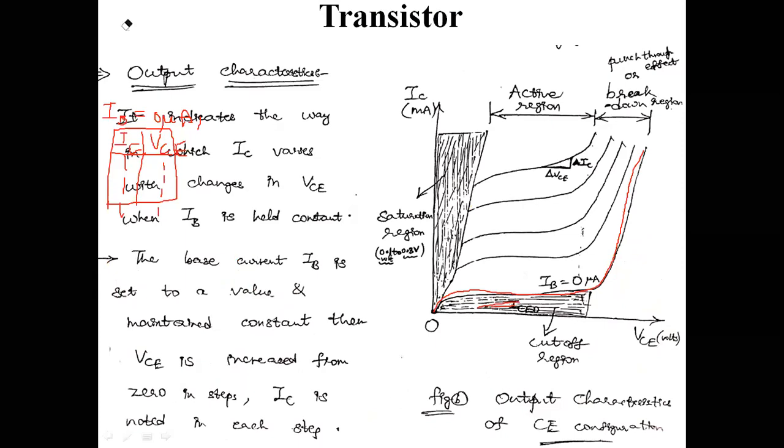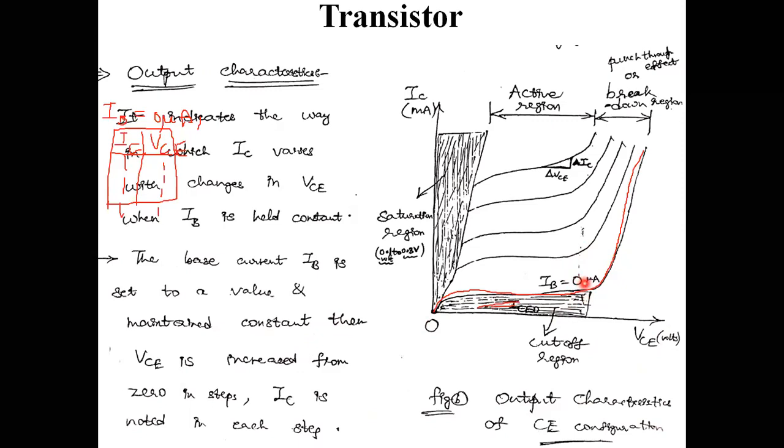In this way, the base current IB is set to some constant value and maintained at that value. Let it be 0 microamperes, 1 microamperes, like that.